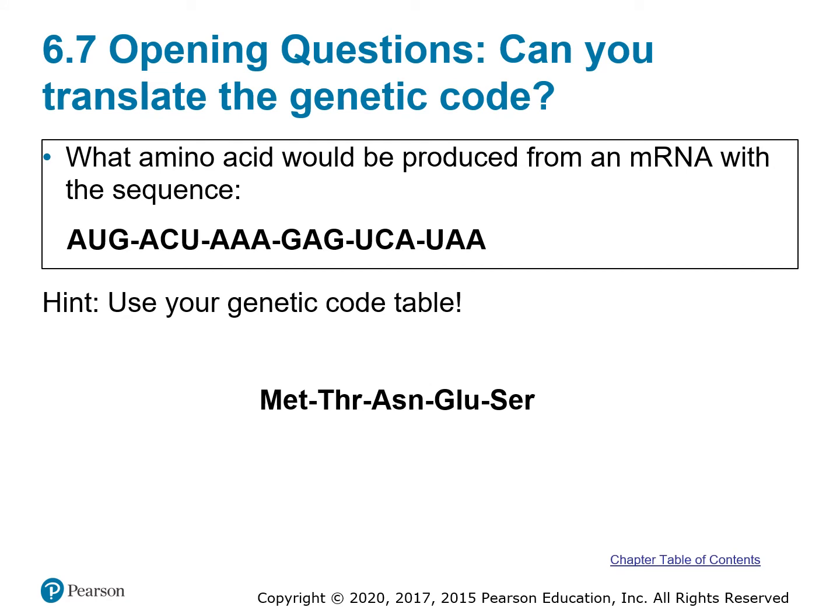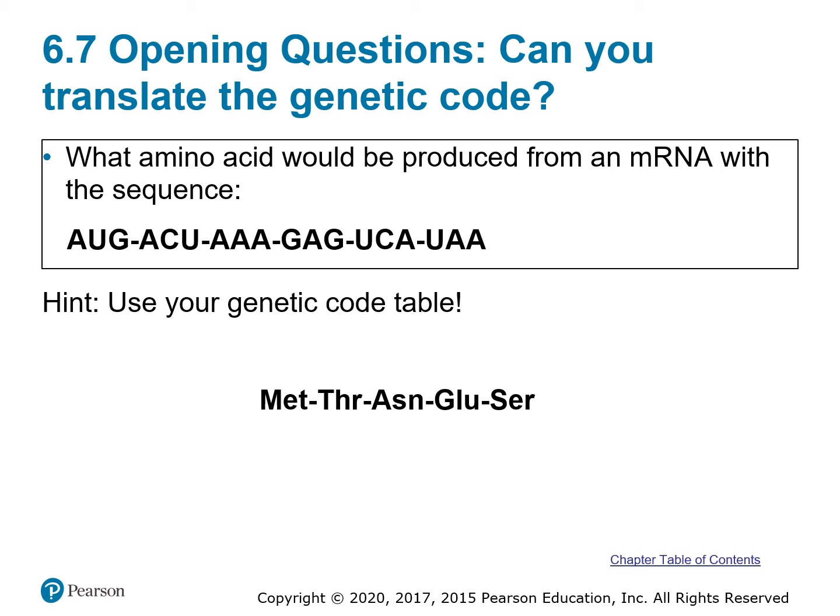So the question is, can you translate this code, okay, into an amino acid code? And to do that, you would need the chart, okay? And so, you know, what you might want to do is get your book out and get the chart that is found there.